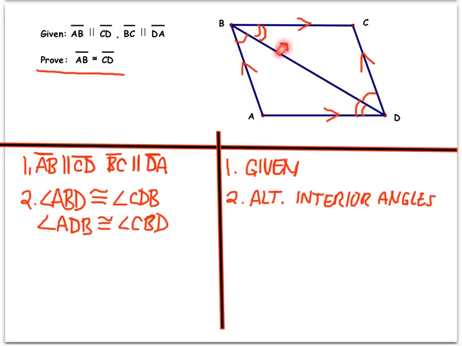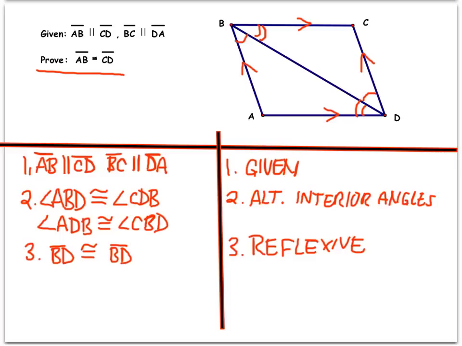So this side BD is shared by both of them, so by the reflexive property it is congruent to itself. So what we've come up with now is two angles and a side interior to the angles. So using the angle side angle congruence postulate, we can say that these triangles are congruent.